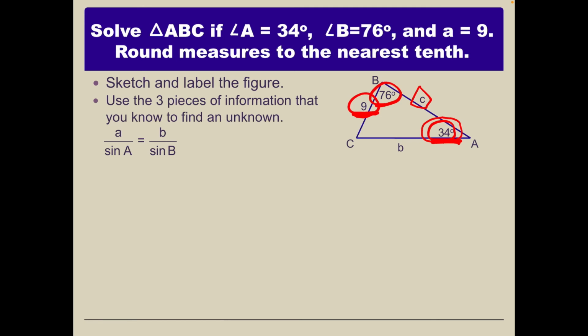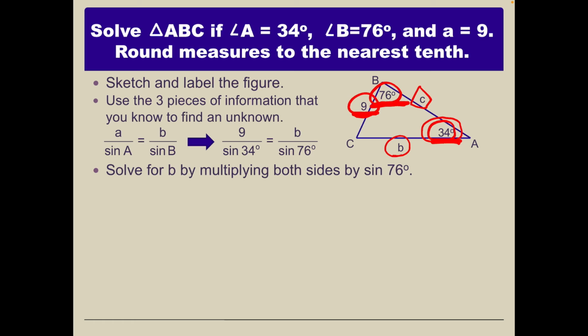And then we know angle B, and we're going to find side b. So we don't do anything with the c's yet because we don't know either one of them. We'll plug those in. So we have 9 over the sine of 34 equals b over the sine of 76. And we want to solve for b.